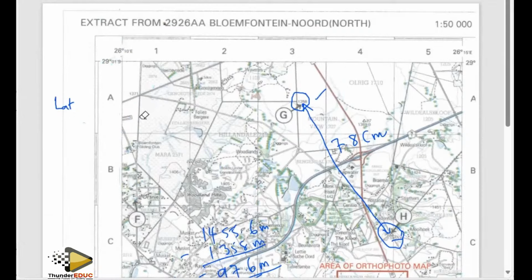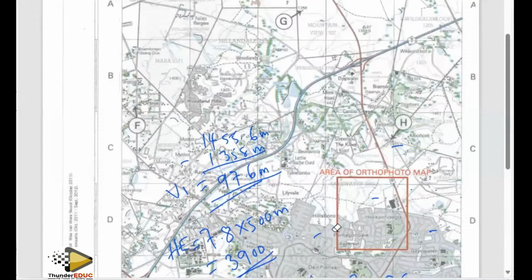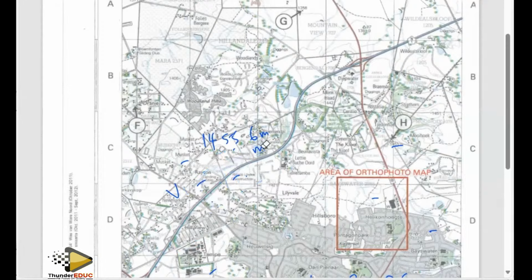Right. Moving on to the next question. The next question is asking, is the gradient in the answer above, which is our gradient of 1 is to 39.96, steep or gentle? What you check there is the value of the denominator of the fraction.